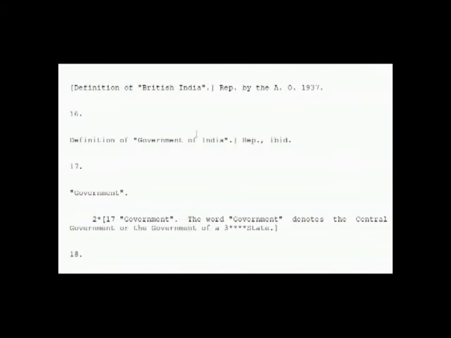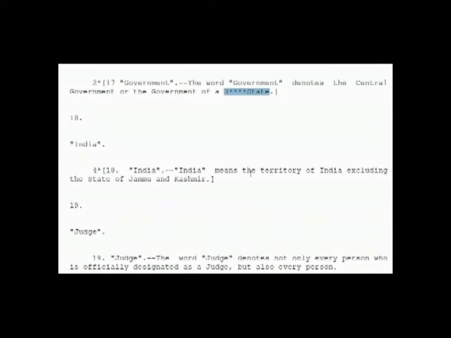We will talk about it later. Sections 15 and 16 are omitted. Section 17 talks about government, that is central and state government. Section 18 talks about India, that is the territory of India excluding the state of Jammu and Kashmir.